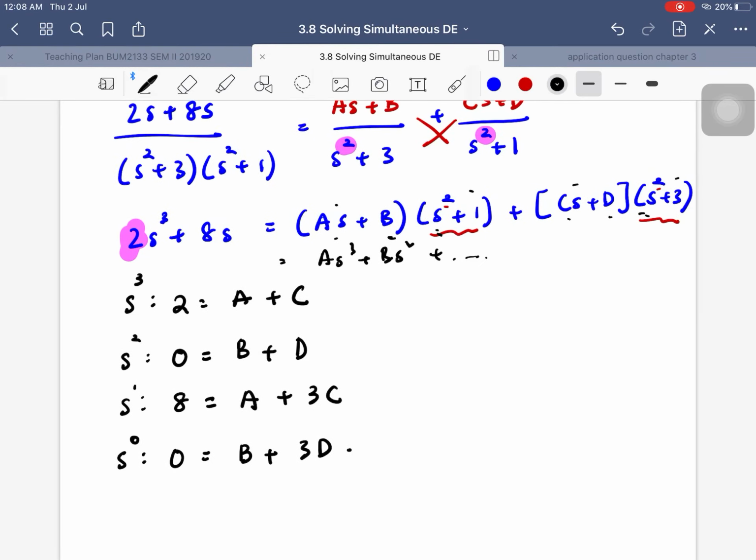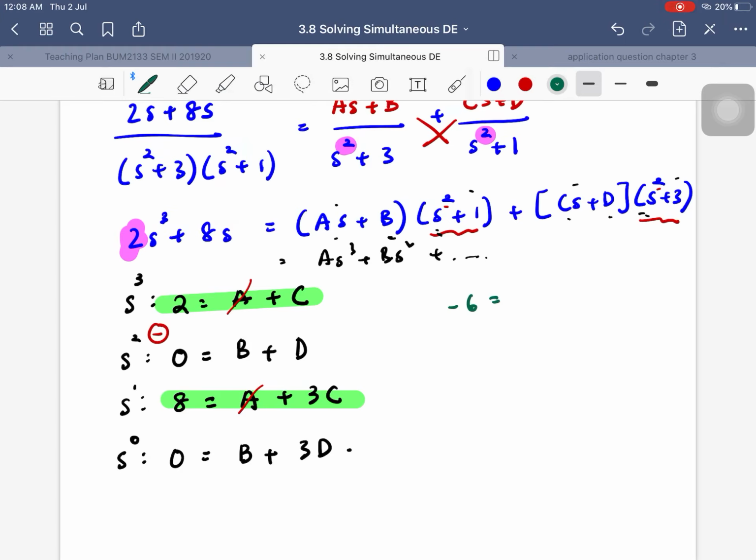Alright, so from these, I can actually figure out the values of A, B, C and D. I'll be able to figure out the value of A and C from this. So if I were to subtract this equation, I'll get rid of A minus A. So 2 minus 8, that is going to equal negative 6.